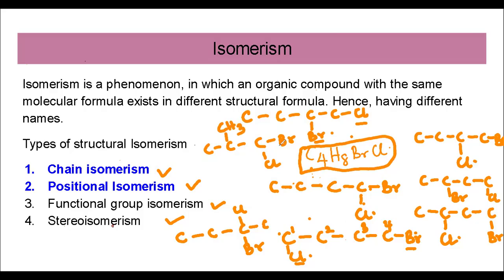This is another isomer for that. So you can also bring this chlorine atom to the second carbon and leave this one on this. You can swap the chlorine on the second carbon with the last one, and then you can also change position. You can bring the chlorine and the bromine to the two extreme ends of it. So you can draw as many isomers here as possible based on position.